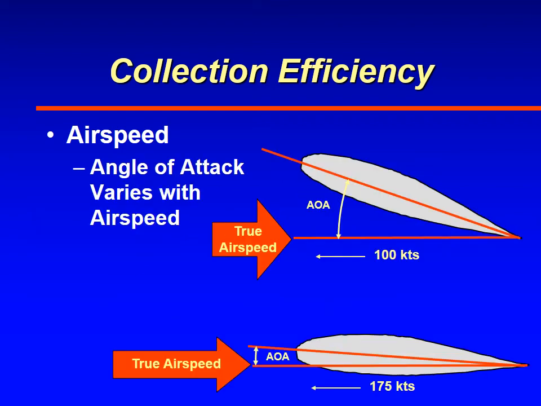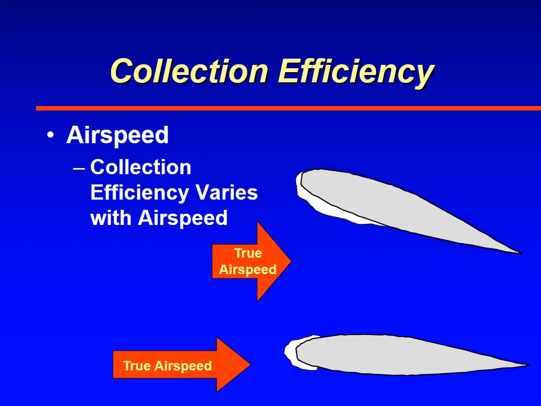The problem is, usually when you want to go slower, that means you lose lift, so you increase your angle of attack to increase the lift so that you can maintain altitude and fly at a slower airspeed. Well, when you increase your angle of attack, it allows the airflow to strike the bottom of the wing, and you tend to collect more ice on the bottom of the wing.